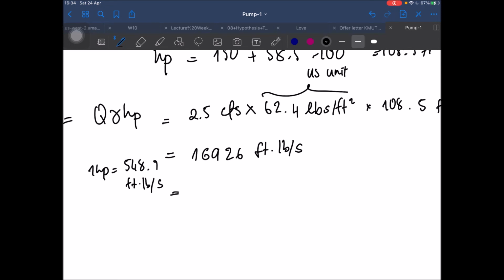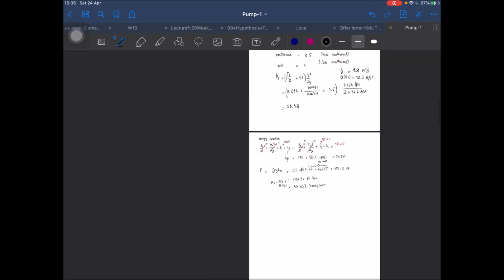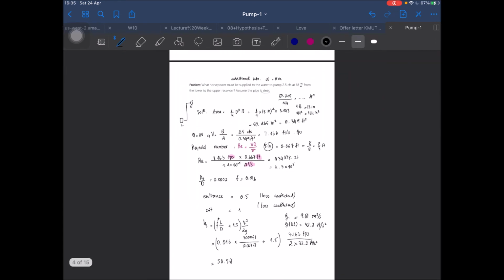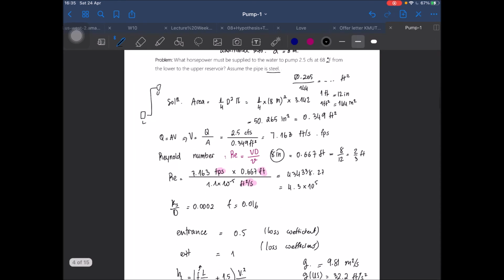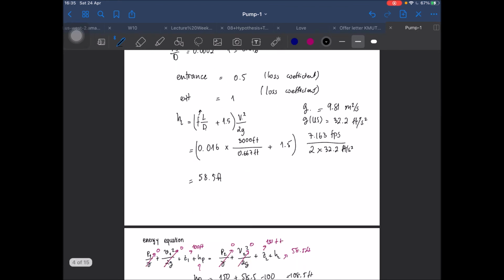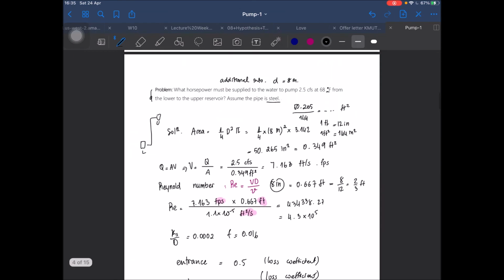So in order to have this, we have 16,926 divided by 548.7. Okay, so now it's 30.847 horsepower. I need to summarize everything again because this is so confusing. This is only a 2-line problem, but the solution is actually 1.5 pages.